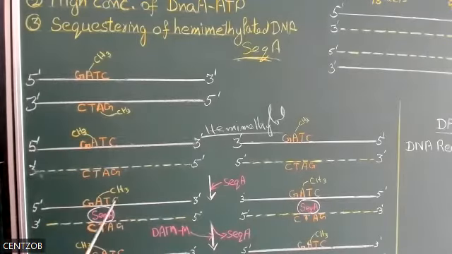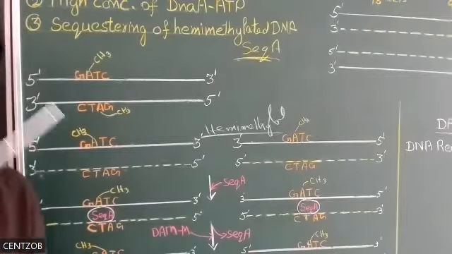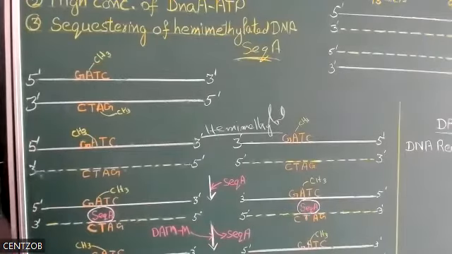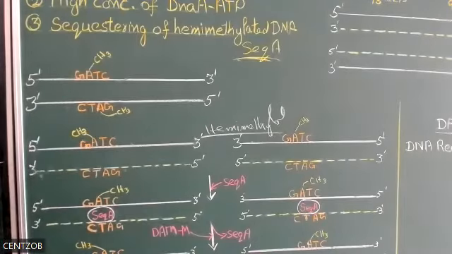SeqA protein GATC sequence-ൽ bind ചെയ്താൽ രണ്ട് consequences ആണ്. ഒന്ന്, firstly, methylation of GATC sequence by Dam methylase enzyme is not possible in the daughter strand. Yes, ഇവിടെ methylation നടക്കുമായിരുന്നു, because of the presence of SeqA protein ഇവിടെ നടക്കുന്നില്ല.